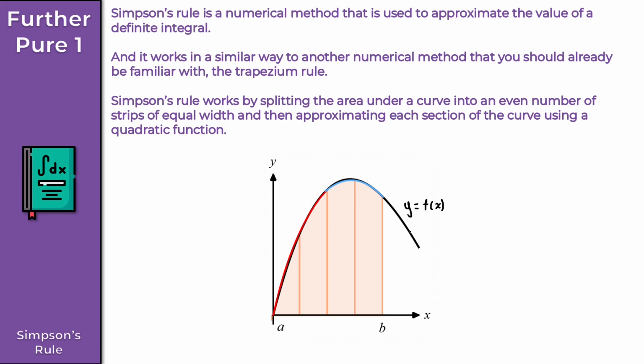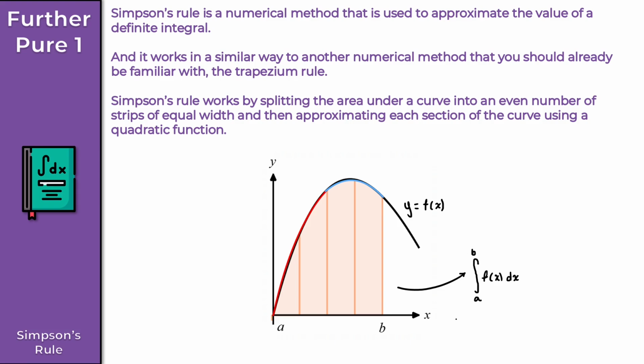Again, as we can see on the diagram, we also want to find the area underneath this curve between a and b. And we know by basic integration that this will be a definite integral. So this here is the definite integral of f of x with respect to x from a to b.